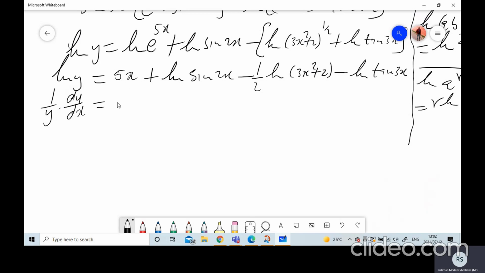So the derivative of 5x is 5, plus the derivative of ln of a function. Let me write this standard derivative. It will be given to you if we're deriving ln of a function.